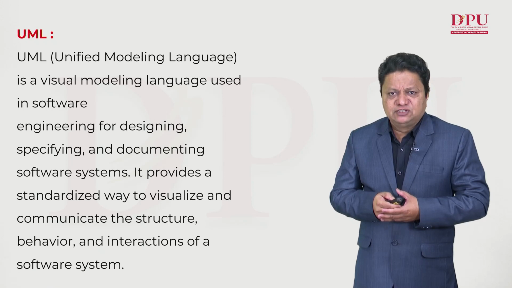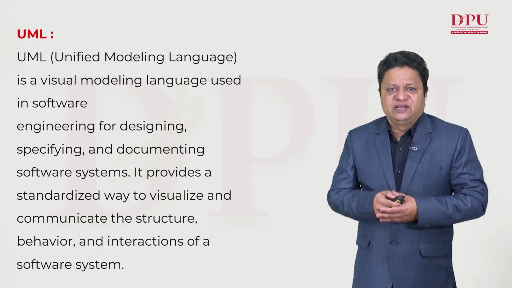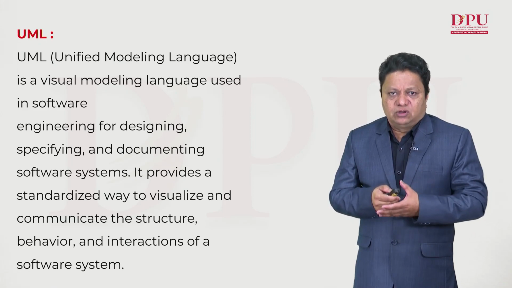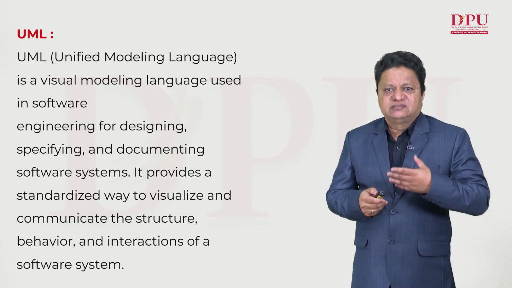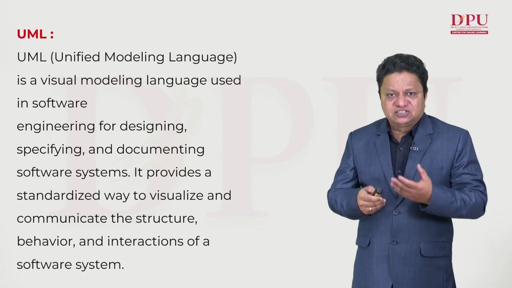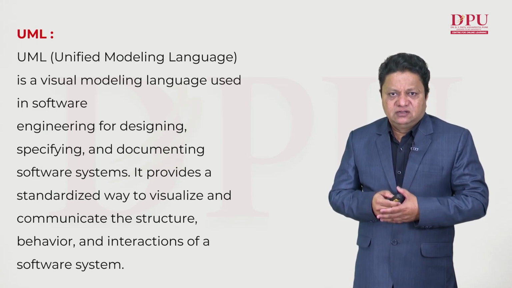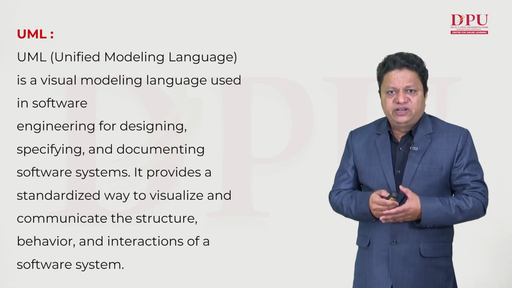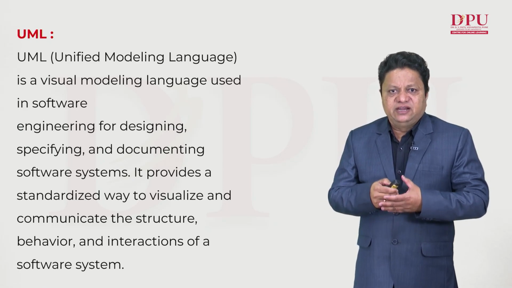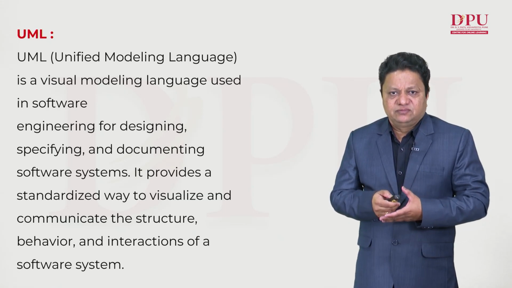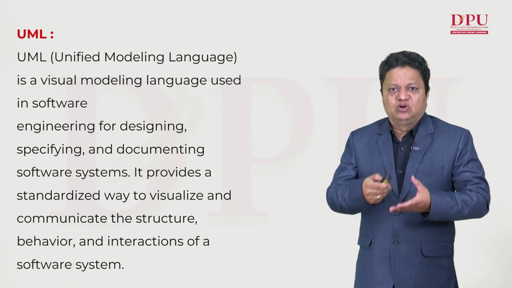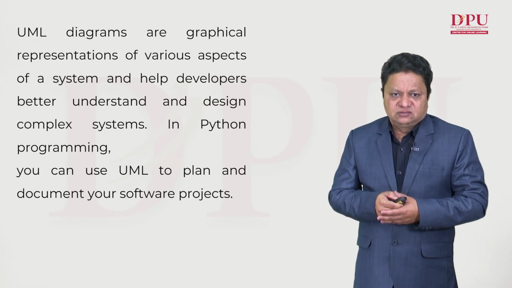This is a tool which is used to visually represent your system to your audience or to the management, to explain to them how your system is structured, how it is designed, how it behaves and how it interacts with other parts of your system. So, basically it is used for visualizing your system and explaining your system to your targeted audience.